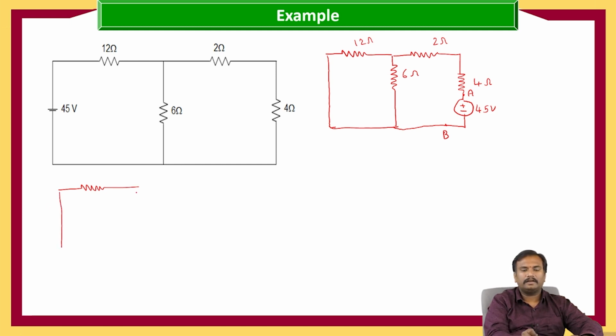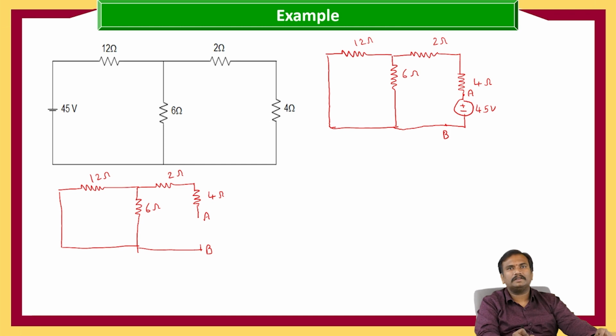Let us remove the voltage source in order to calculate the equivalent resistance. A, B terminals. Here it is 4 ohms, 2 ohms, 6 ohms, and 12 ohms.